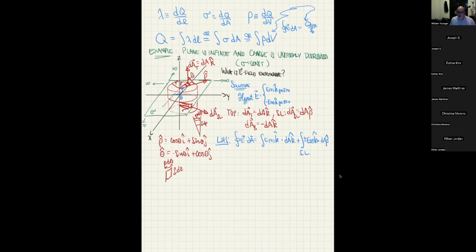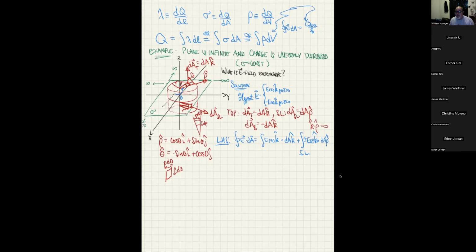Yes, because rho hat, remember, that's part of the reason why I wrote it with I and J, so you'd see that it's purely in the XY plane. K hat's clearly perpendicular to that. So yeah, K hat dot rho hat is 0. And that's what we wanted.